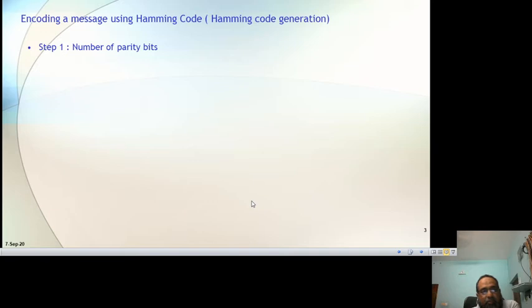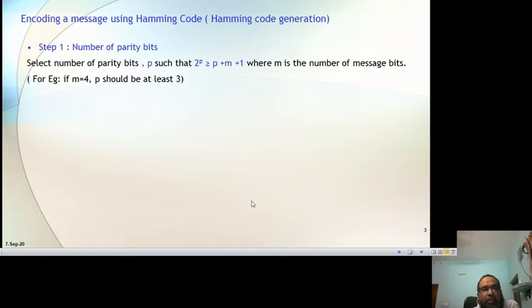The number of parity bits depends on the number of message bits, and it has to satisfy an equation: 2 raised to p should be greater than or equal to p plus m plus 1, where p is the number of parity bits that you have to add and m is the number of bits of the message.